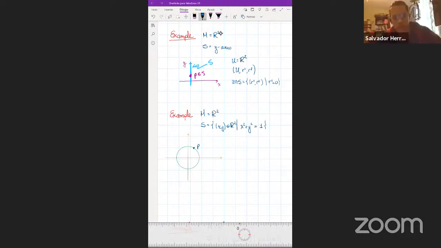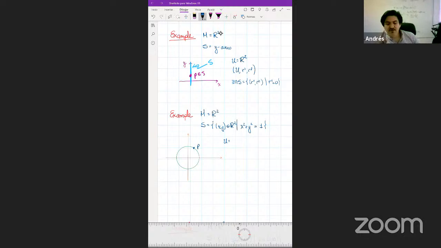Like the two charts that we were using. After all, we send the points to the line, right? So, what is U? Like the entire circle minus 1 point, probably, 1, 0, for example.